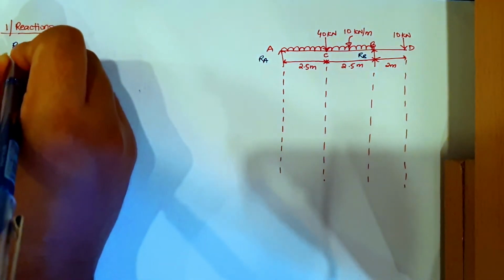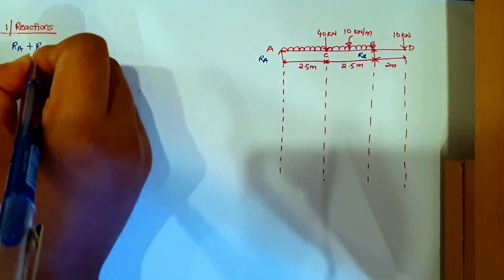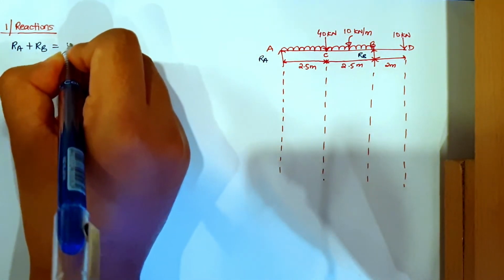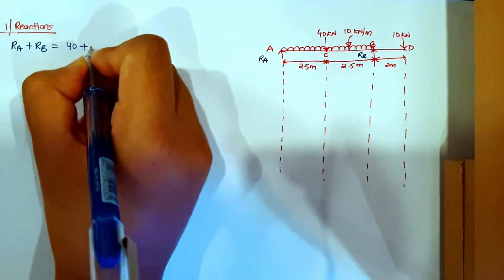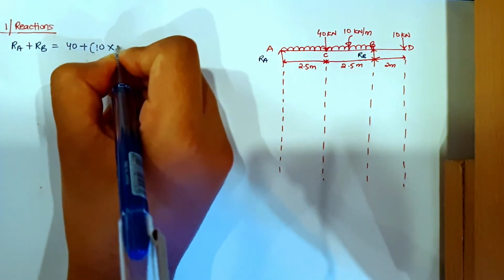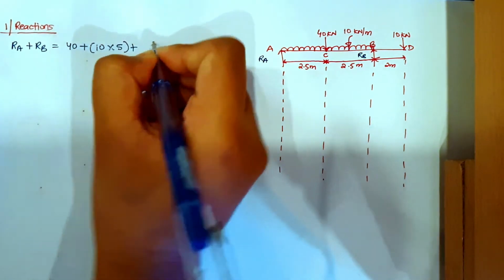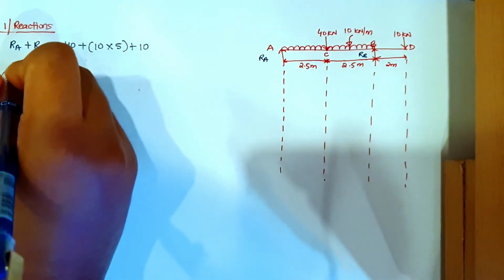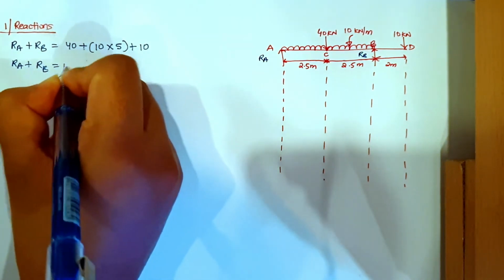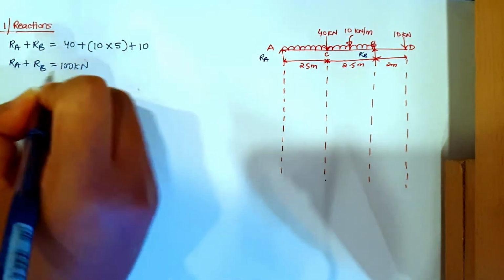So RA plus RB will be equal to the total load on the beam. So what is the total load? I have a 40 kN point load, a 10 kN per meter UDL acting for a span of 5 meters, plus a 10 kN load. So from here I get RA plus RB equal to 100 kN.